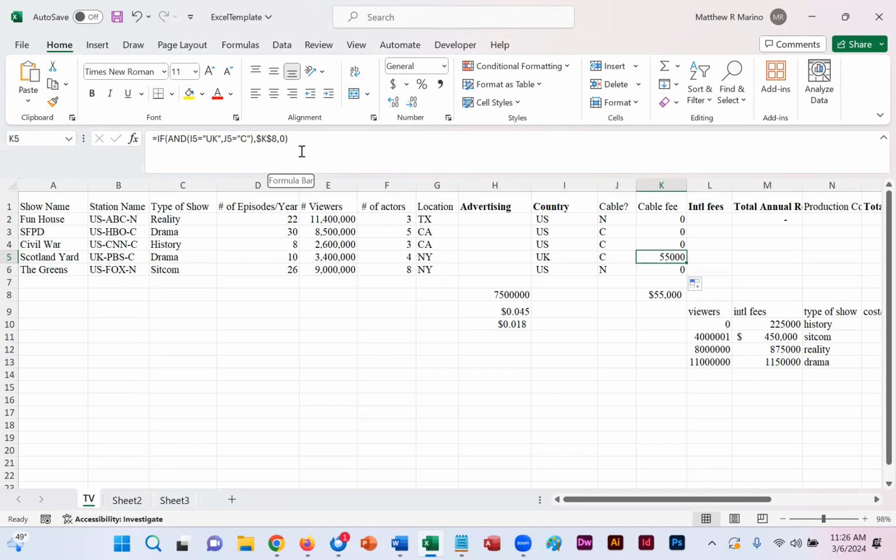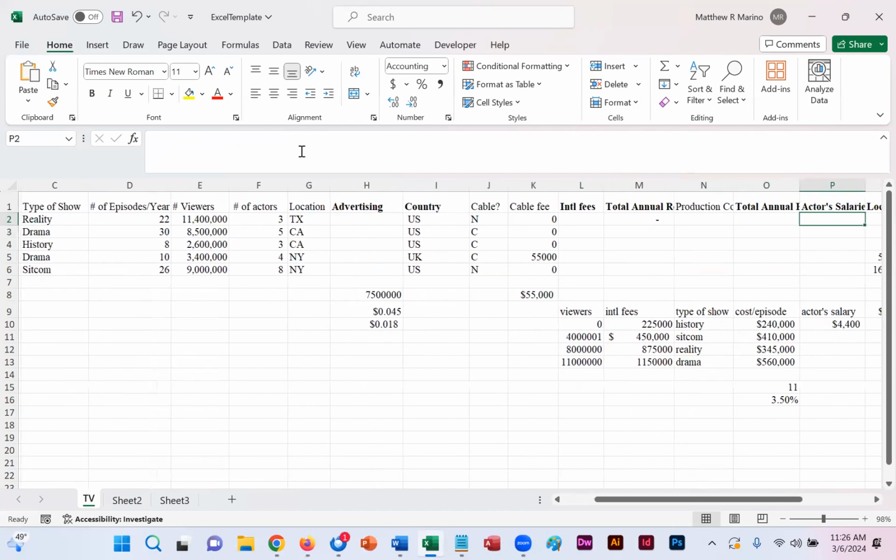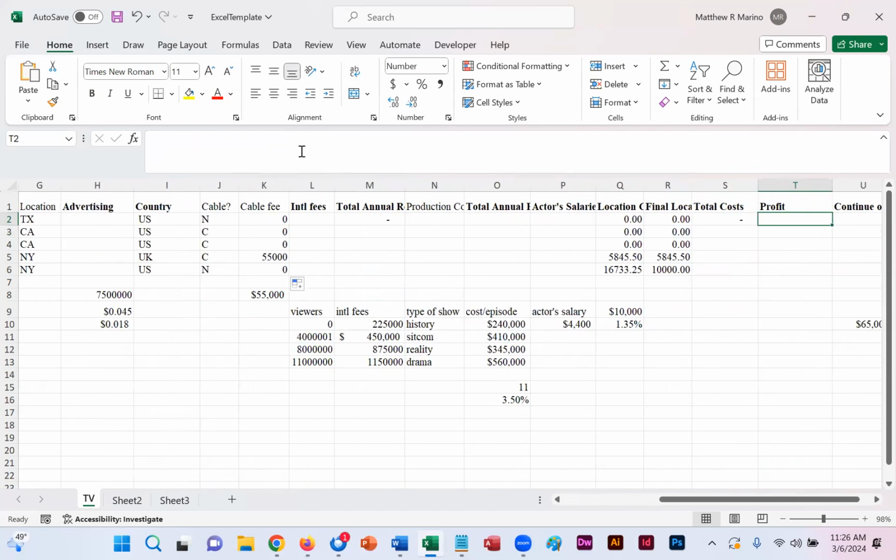Annual profit would just be all the revenues minus the cost. Annual profit. Yeah. So profit is always going to be revenue minus cost.